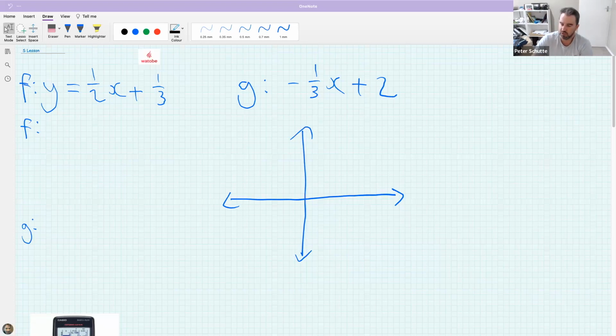So the first instruction is to draw these two graphs on the same Cartesian plane. I want to see if you can do that.